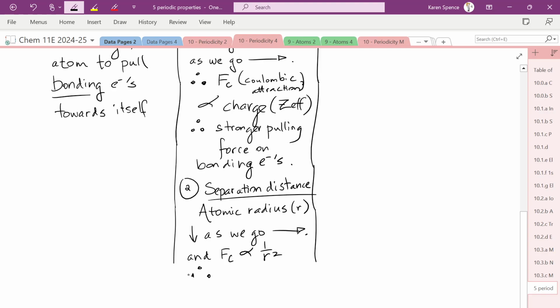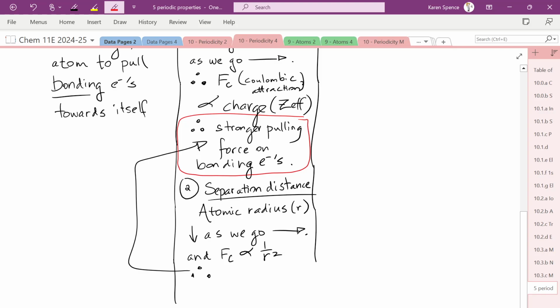Therefore, oh, guess what? Stronger pulling forces on the bonding electrons. Okay, maybe I should have put that at the end, but I didn't.